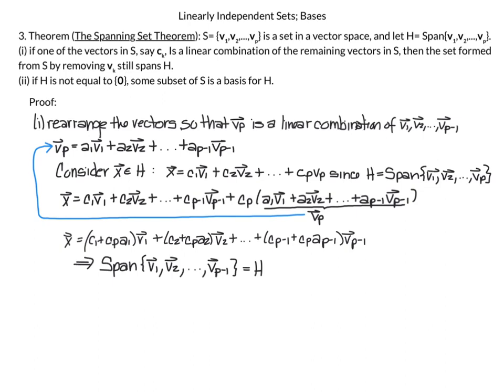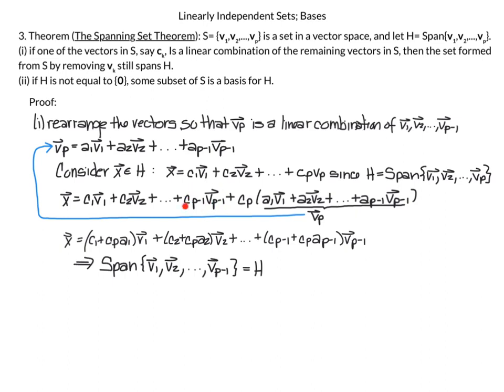Now looking here, because these are just constants times vectors, you can rearrange them, so you can group them. You can have C1 V1 and then group that with CP A1 V1. So that's going to be V1 times (C1 plus CP A1). And then grouping the V2 terms together, we're going to have (C2 plus CP times A2) times V2.